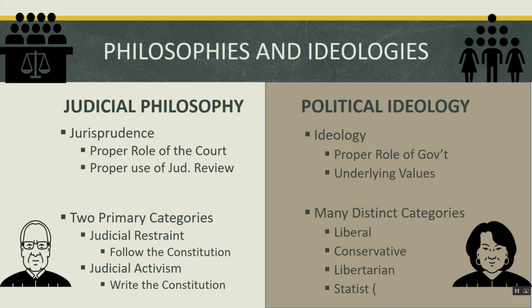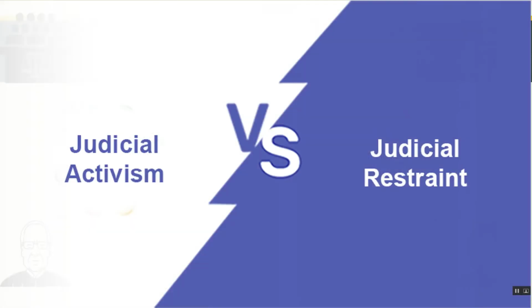And for this reason, judicial activists are sometimes called legislative activists, and judicial activism is sometimes referred to as legislating from the bench, because a judicial activist says that as a justice in a position of power, I should use my ability to engage in judicial review to promote policies that I think are good and strike policies that I think are bad, and I don't necessarily have to limit myself or be constrained by the literal meaning of the Constitution.